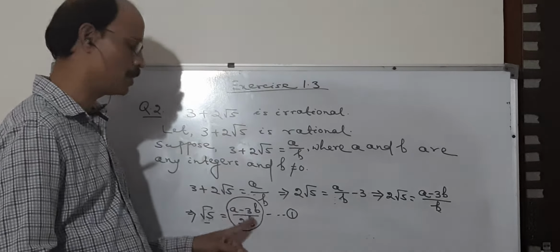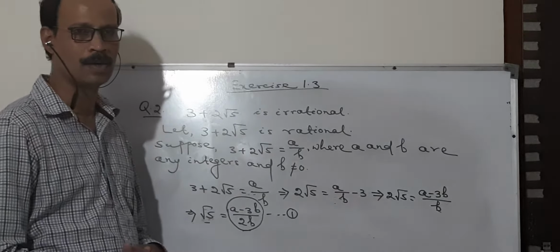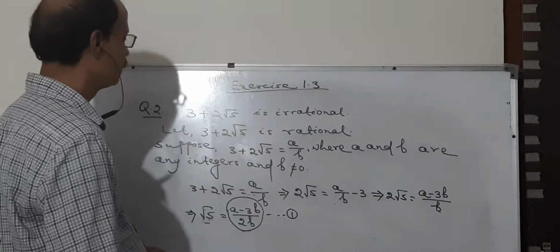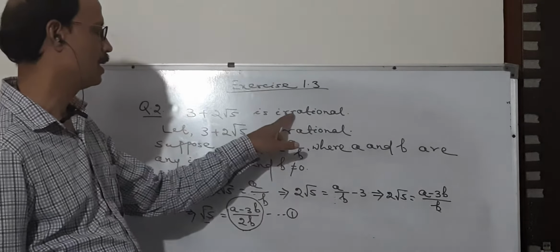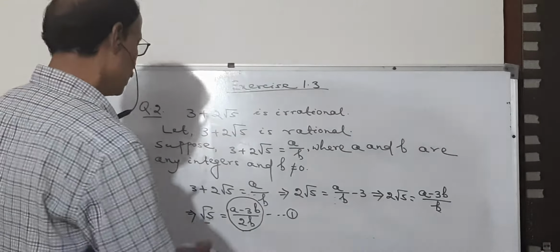It is not possible. Okay, so it means 3 plus 2 root 5 is irrational. So let's write.